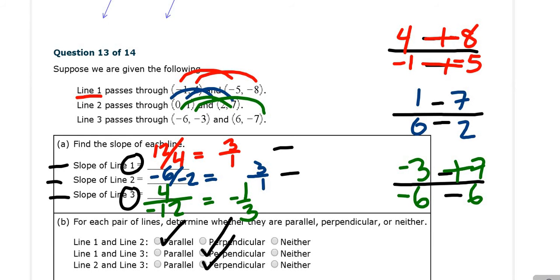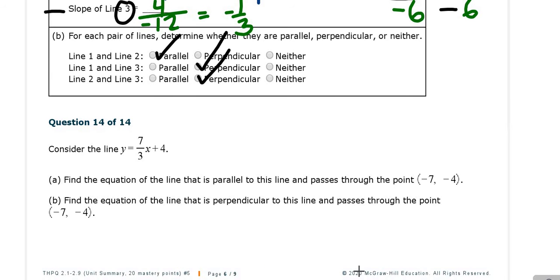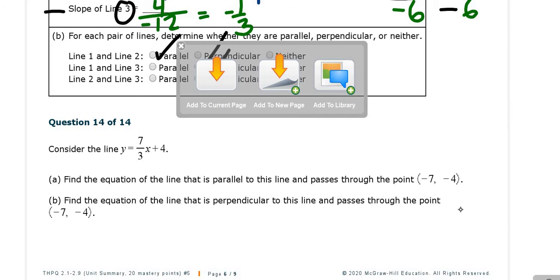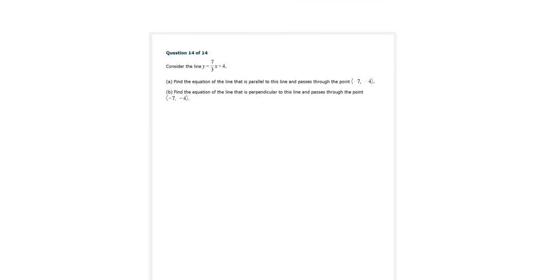Taking a look at number 14. I'm going to give lots of space for this one.